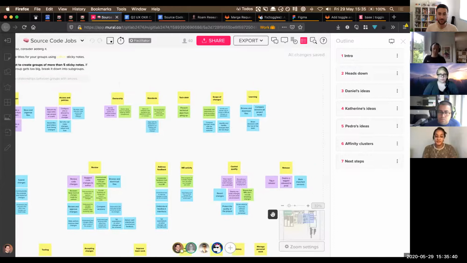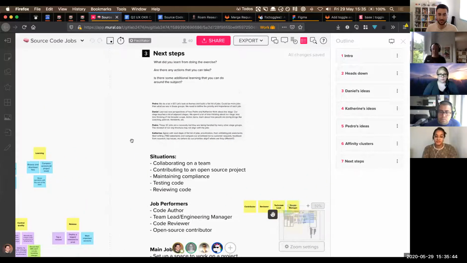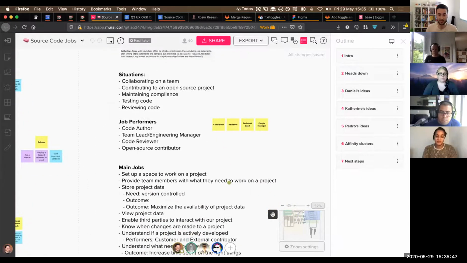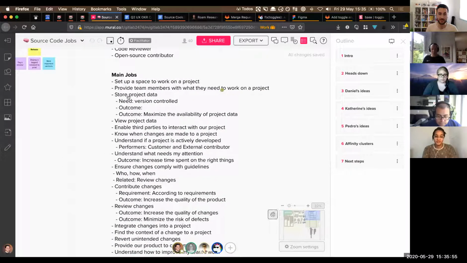And after doing this grouping, we started talking about next steps, and me and Katherine started working on defining what could be the situations, the job performers, and then the main jobs. And then this list, which I was writing, for me it was quicker than copying and pasting sticky notes.